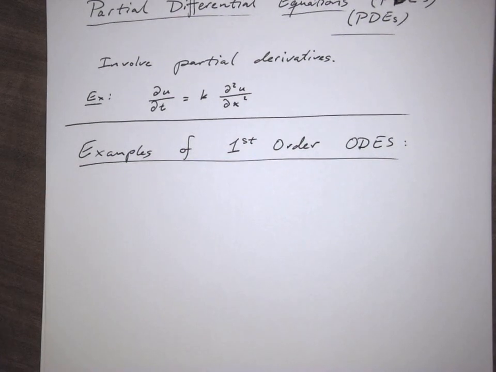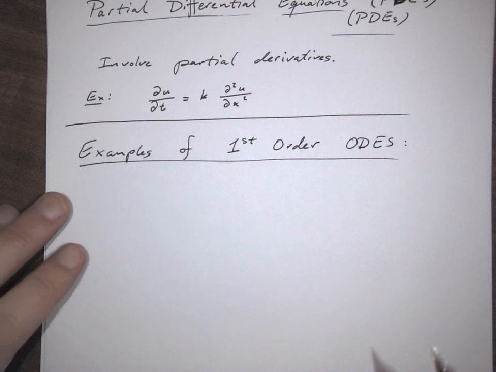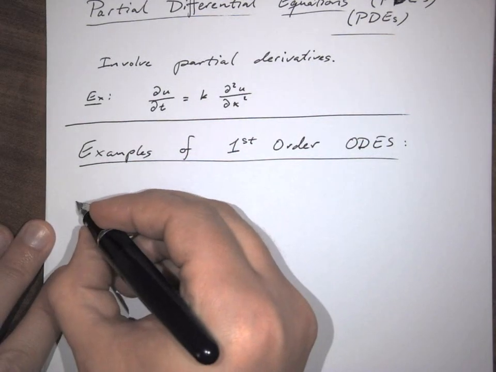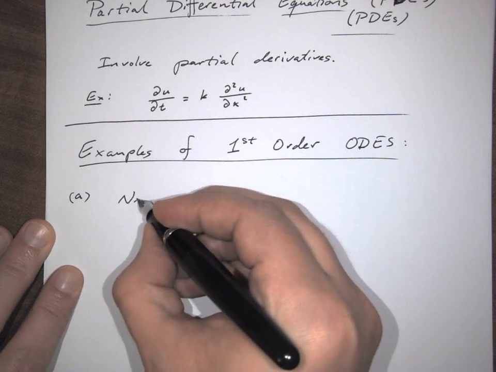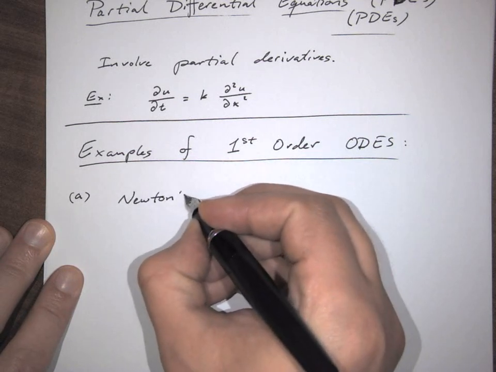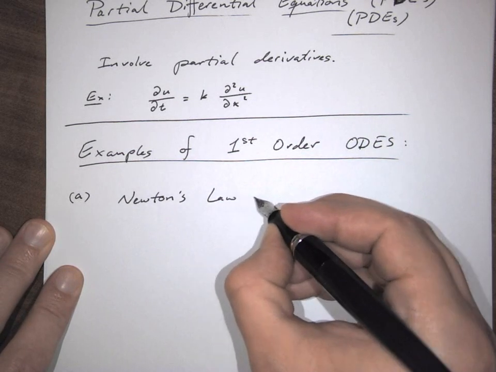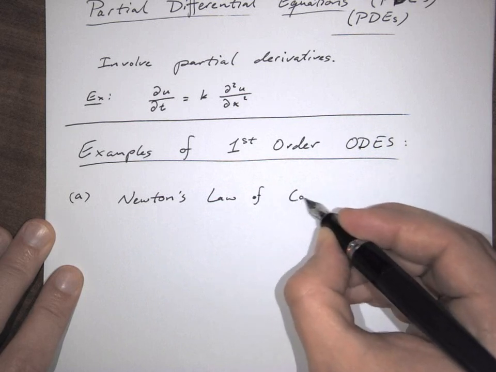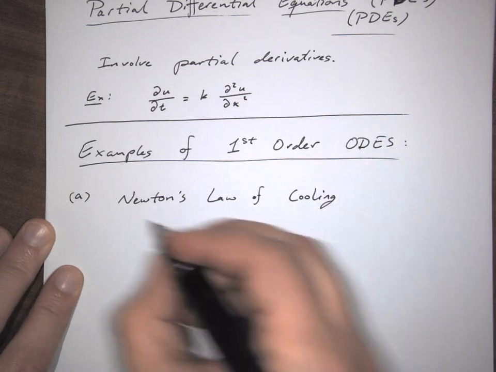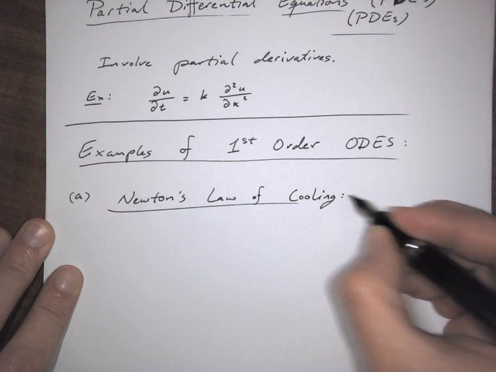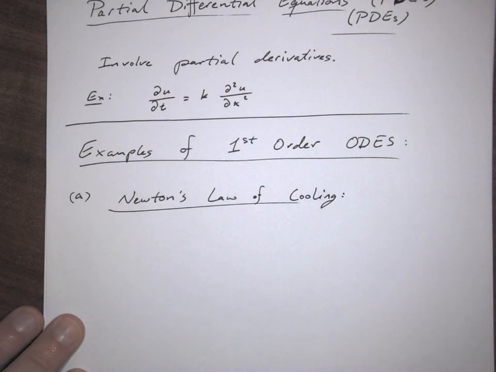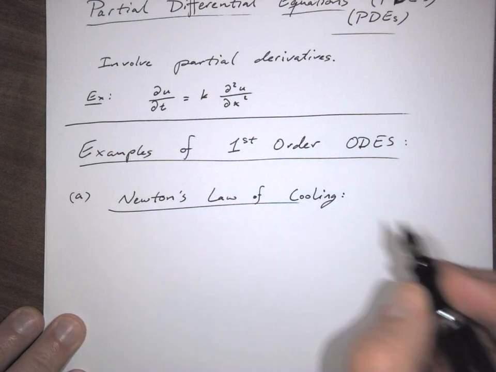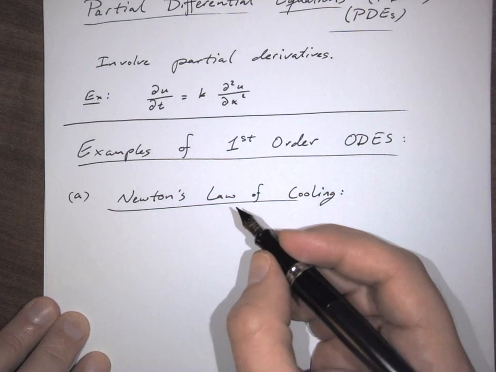First order ordinary differential equations. And we can start with something like Newton's law of cooling. Also Newton's law of heating, but usually phrased as Newton's law of cooling. So the way this is typically worded is something along the lines of the following.